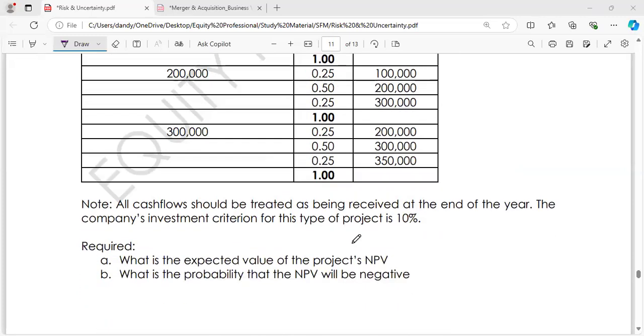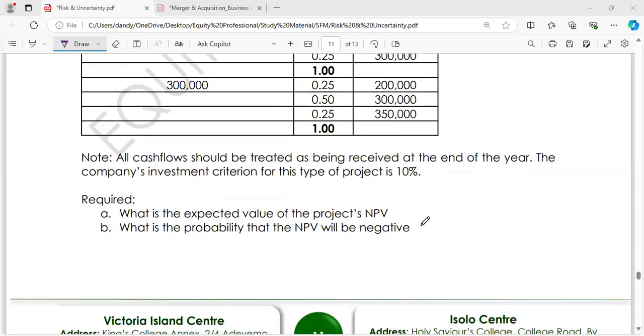Note, all cash flows should be treated as being received at the end of the year. The company's investment criterion for this type of project is 10% required. What is the expected value of the project's NPV? B, what is the probability that the NPV will be negative?